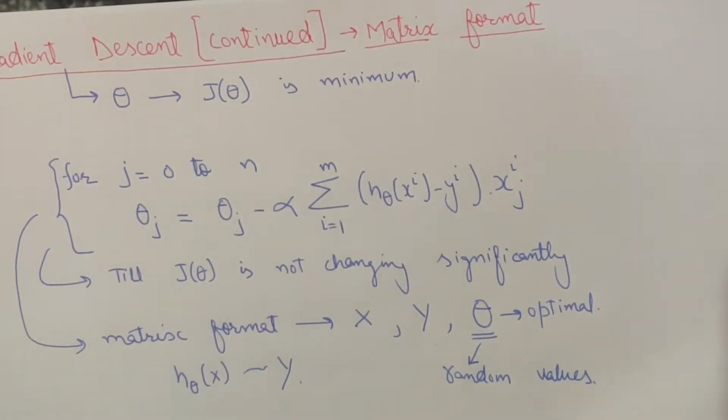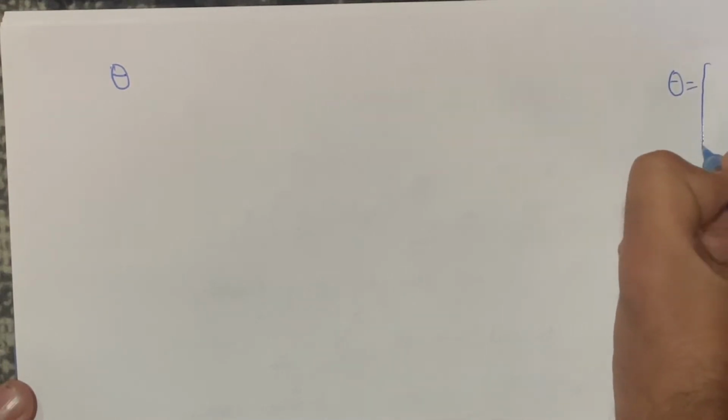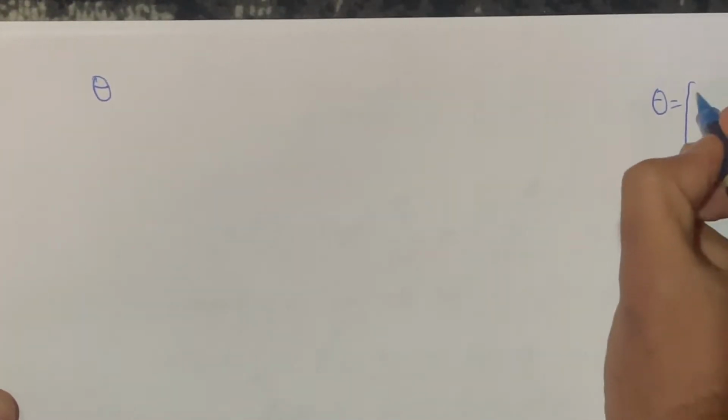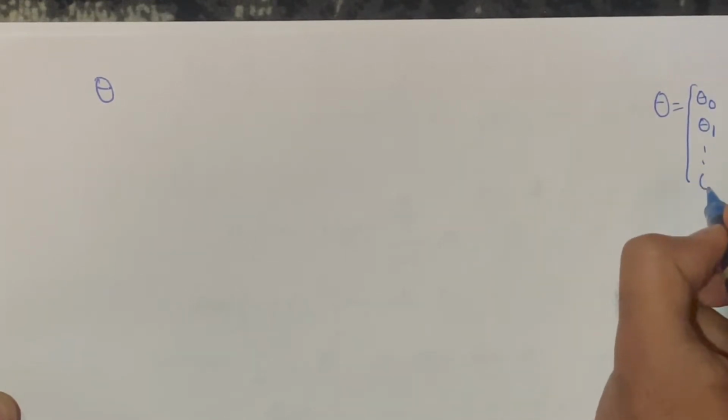So let's do one thing. If I write the same equation in matrix format, it will be like this. Theta is now our matrix. So you know that theta is equal to theta 0, theta 1, up to theta n.